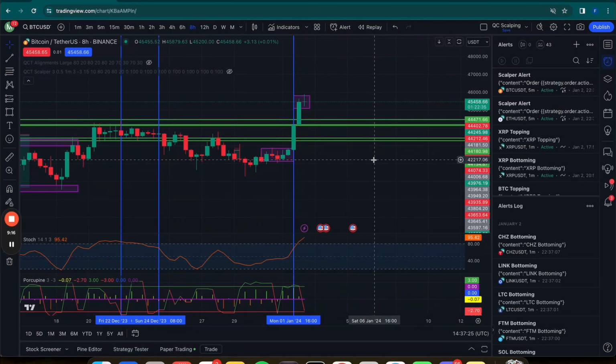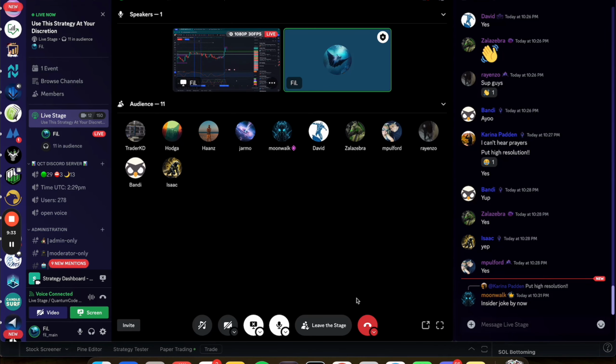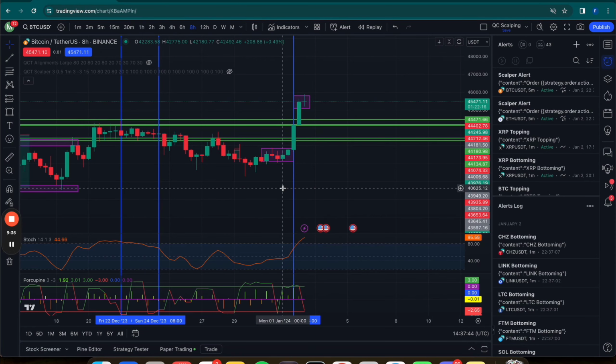And if that means there's 3 days in a row where you don't trade, then you don't trade, right? And when you trade the strategy, there's days where it's much, much easier to find trades, and there's days where it's much harder to find trades. And the reason for that is the alignment of the market. When the market is more volatile or more choppy, then it's going to be very hard for the lower time frames to align with the higher time frames.